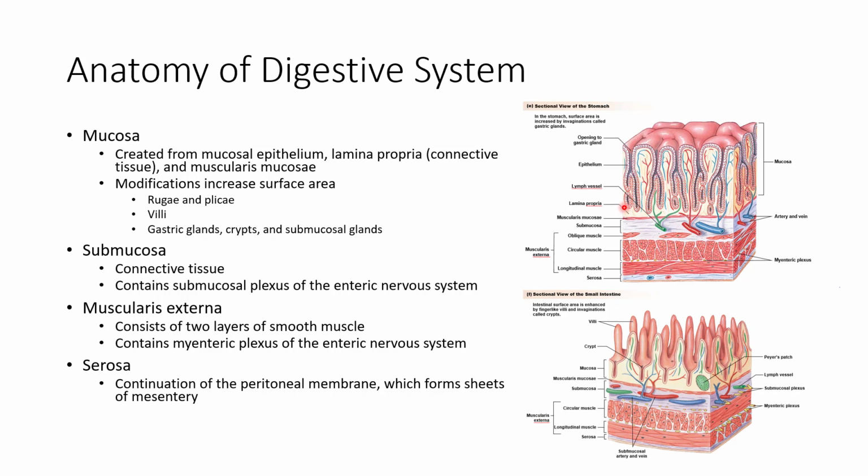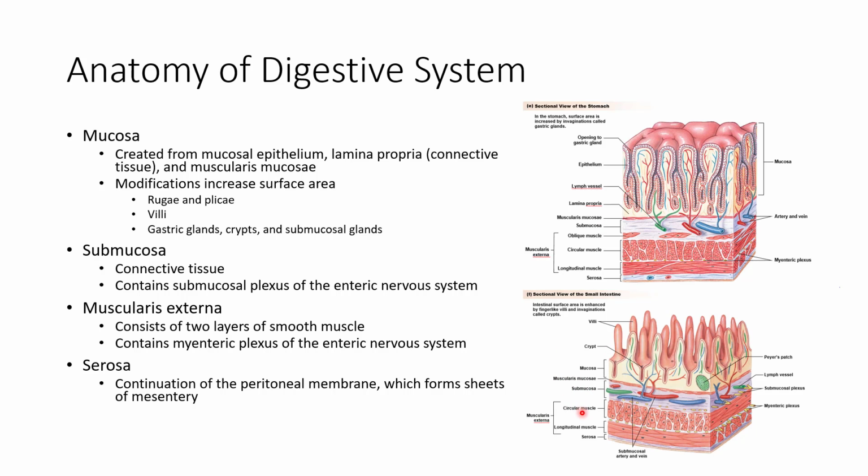This is the largest layer, and it's where we have all of our secretory cells. There's an effort to maximize surface area because this is where digestion and absorption occur. In the stomach, we have the rugae that create ridges that increase surface area. In the small intestines, there are the villi that increase the surface area, and we have all of the cells that then secrete into these orifices.